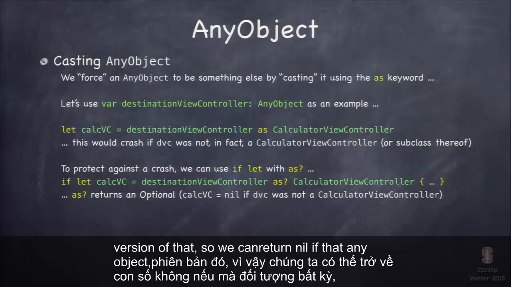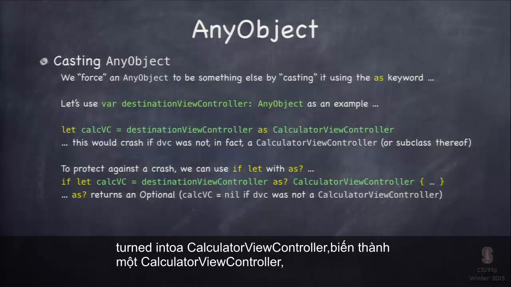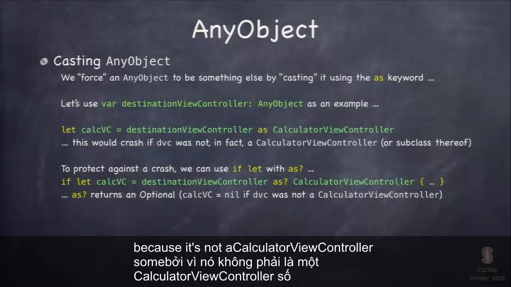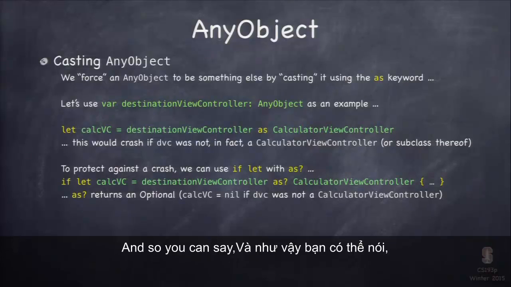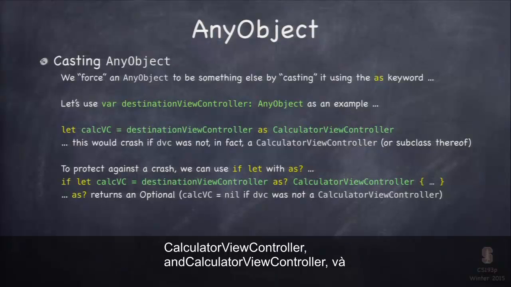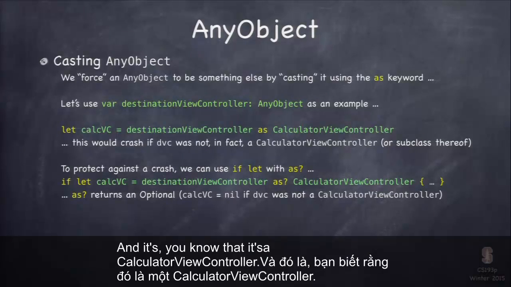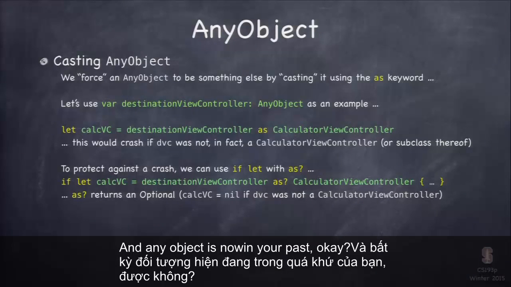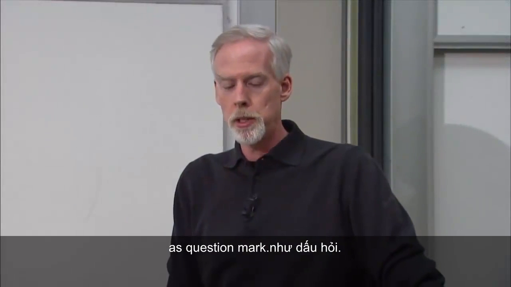So it can return nil if that any object, destination view controller, cannot be turned into a calculator view controller because it's not a calculator view controller, it's some other kind of view controller or something else, all right? And so you can say if let calc VC equals destination view controller as question mark calculator view controller, and then inside there you've got calc VC set, and you know that it's a calculator view controller, and any object is now in your past. Okay? Make sense? So we get as and as question mark.